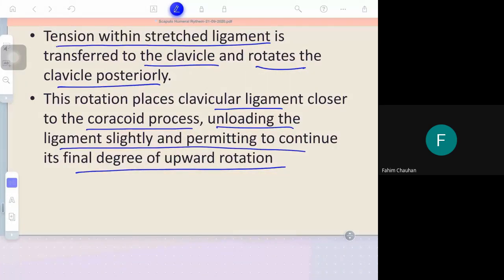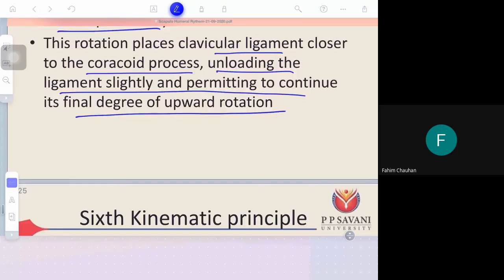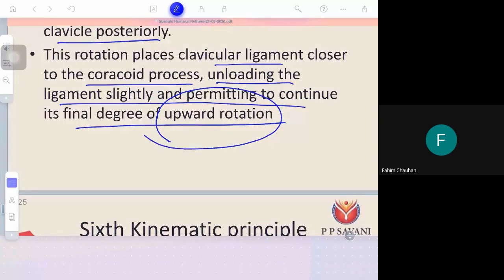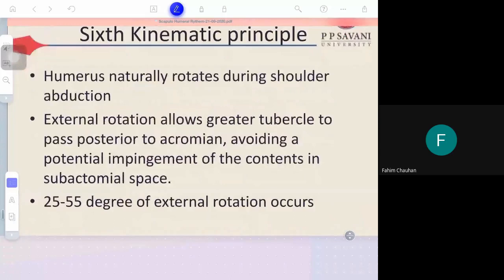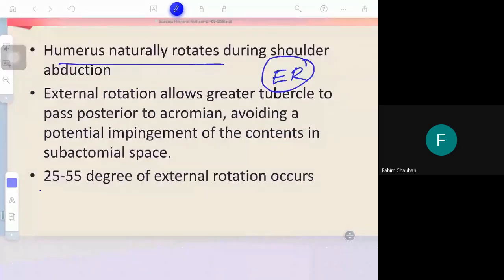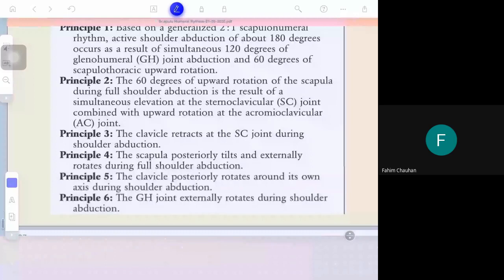Now the clavicle will start rotating posteriorly and further upward rotation will be possible. Last principle: the humerus naturally rotates externally. External rotation of the humerus also occurs, around 25 to 55 degrees, when you are doing shoulder abduction. So these are the principles 1, 2, 3, 4, 5 and 6.